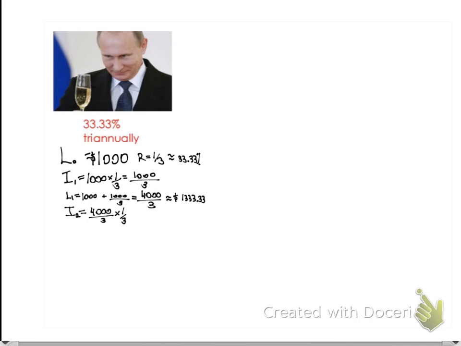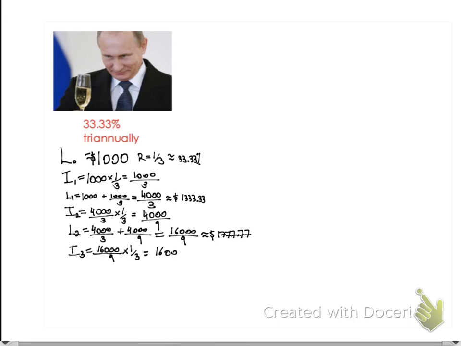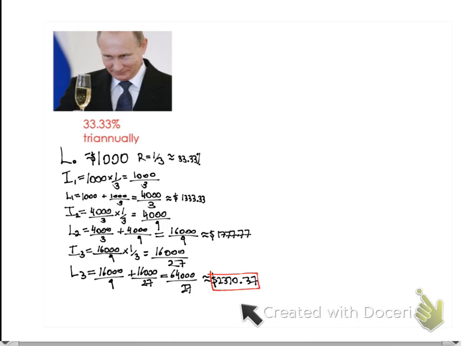And then the next time we do it, we get that as our interest amount and so on. So we add that on and it keeps going up. And the third time, okay, so this process, and we can see now we're at $2,370. So that's increased somewhat from the previous scenario.